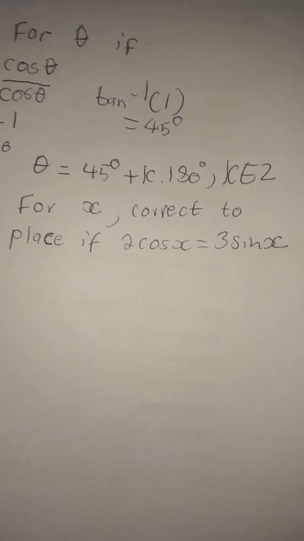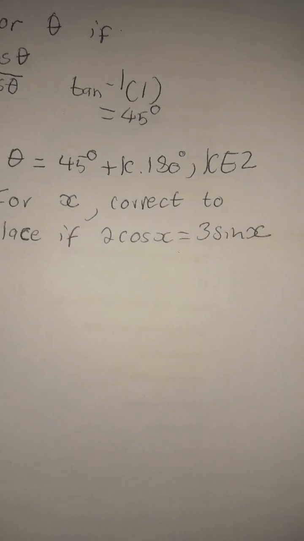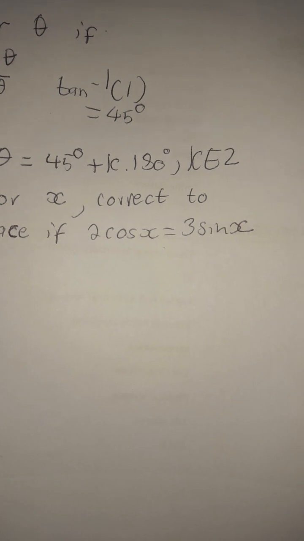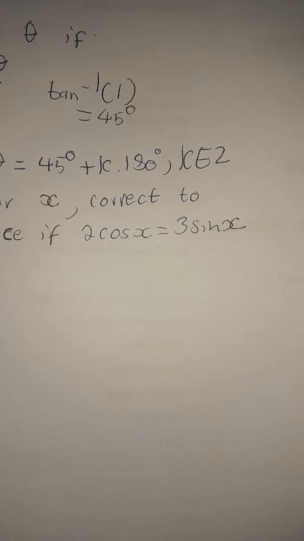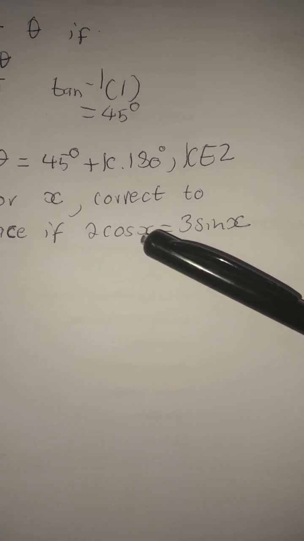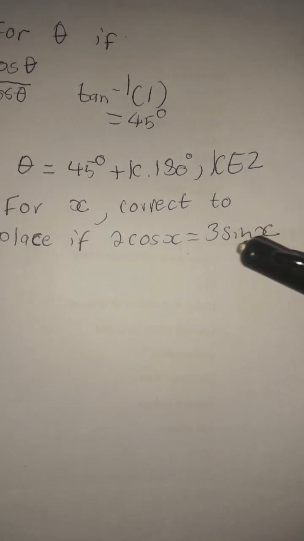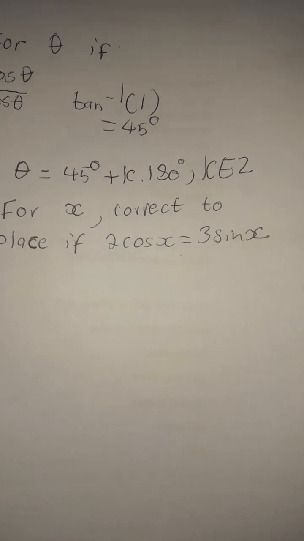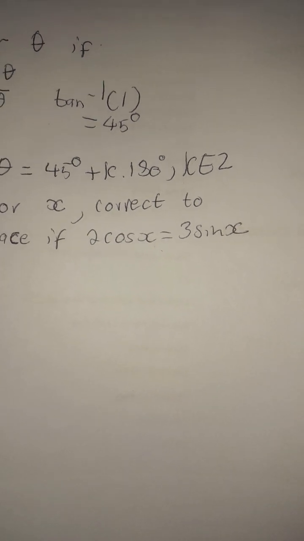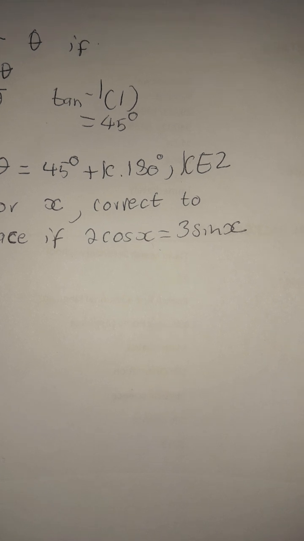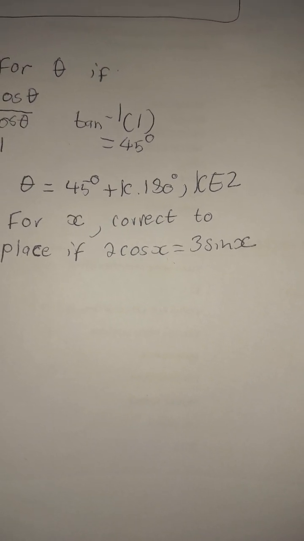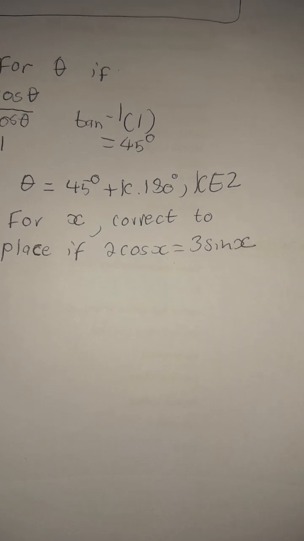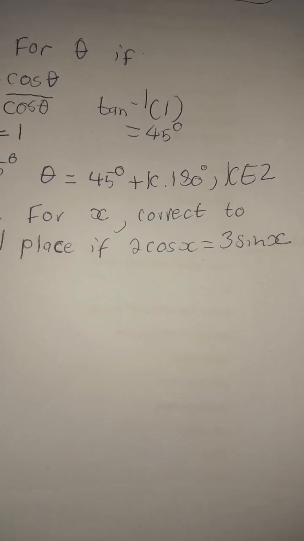Remember I told you that you will divide by cos if the angles are the same. We can see from here that the angles are the same. We have x here, and we also have x here. So in this case, what am I going to do?